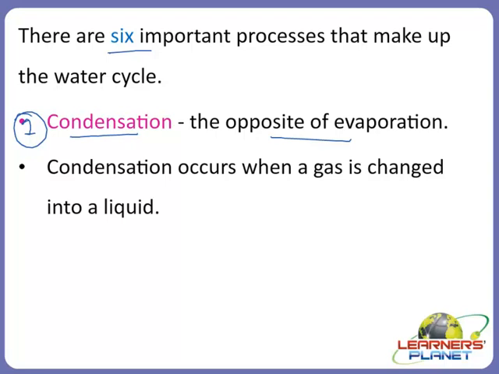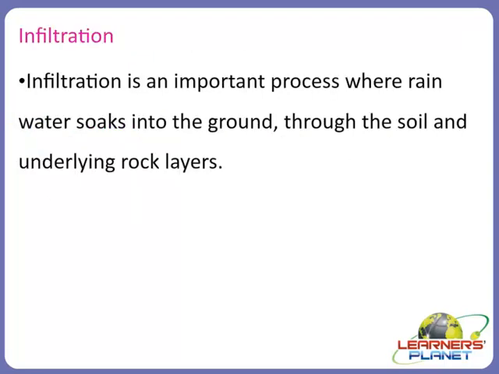For example, when water is in a gaseous state, it is water vapor or steam, and that is changed to water again. So this is condensation. Yes. The second process is infiltration.